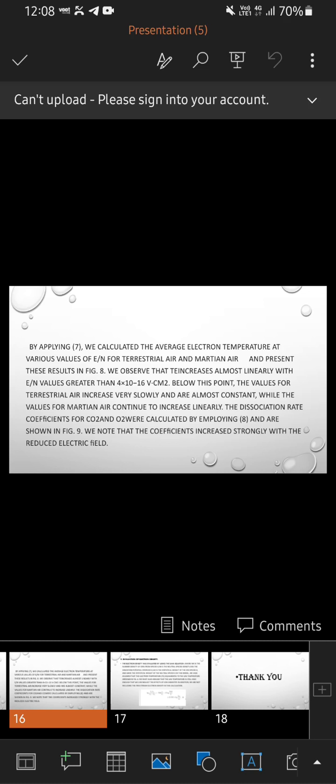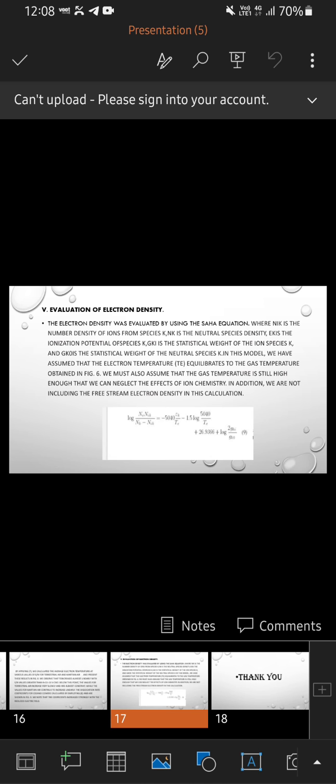The dissociation rate coefficients for CO2 and O2 were calculated by employing equation 8 and are shown in the figure. We note that the coefficients increase strongly with the reduced electric field.